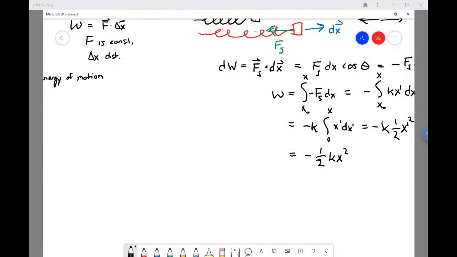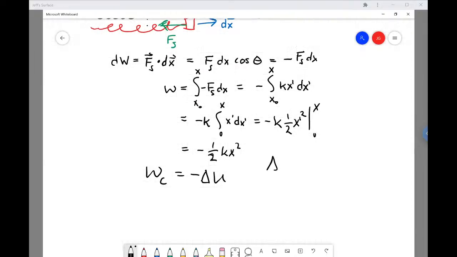So we learned that the work done by conservative forces equals a negative change in potential energy. So here we have negative delta U equals negative 1/2 kx squared, or delta U, let's put an S underneath it, is equal to 1/2 kx squared. The negatives cancel.